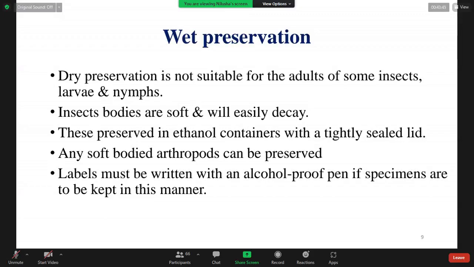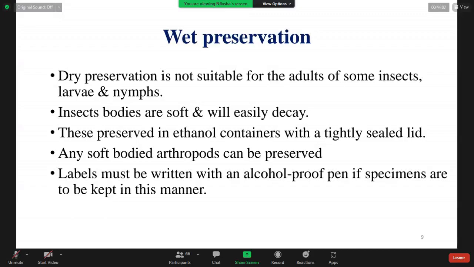I already told that the dry preservation method is not suitable for the adults of some insects, larvae and nymphal stages. So we have to go for the wet preservation.